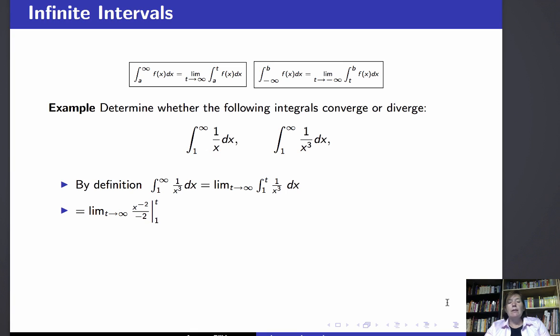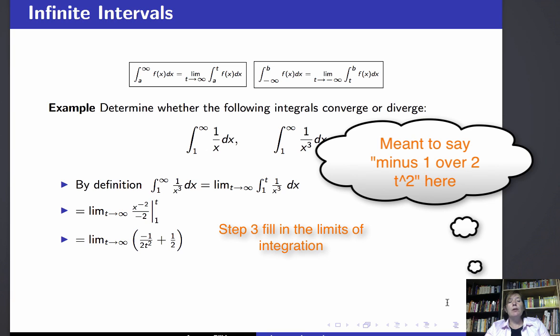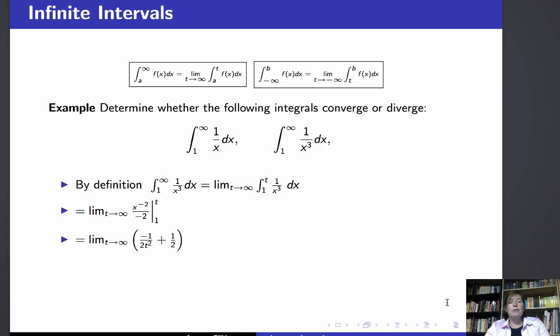And then we plug in our limits of integration. So we're looking at the limit as t goes to infinity of minus 1 over 2t squared plus 1 over 2. Now as t approaches infinity, t squared goes to infinity, so 1 over 2t squared goes to 0. And in fact, this limit is finite.